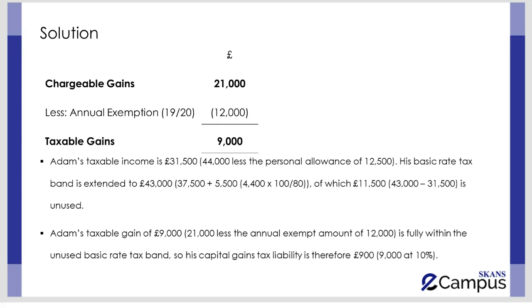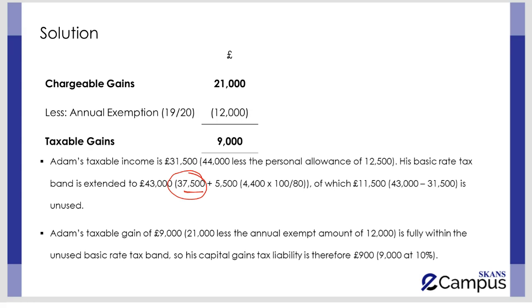First of all, I need to see that Adam must have calculated his income tax liability, and he would have surely used his basic rate band first for calculating his income tax liability over his taxable income. So I just need to know what the available amount in the basic rate band is.